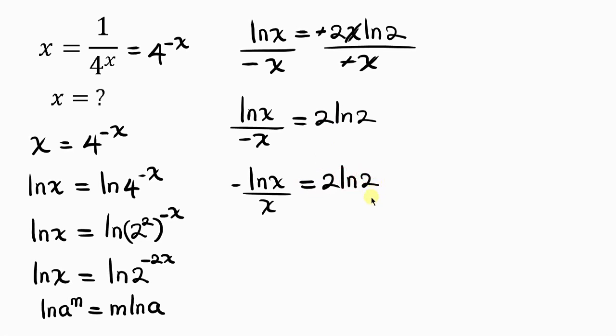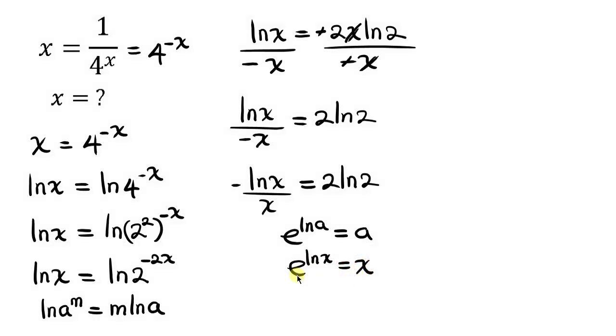Our next step will be for us to write x in another form. For example, when I have e to the ln of a, this is equal to a, because e and ln are inversely related, leaving just the number. So that means another way of writing x is e to the ln of x, because this will result to x.